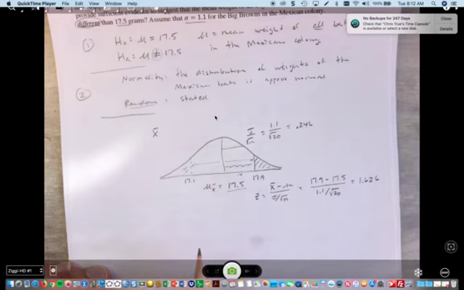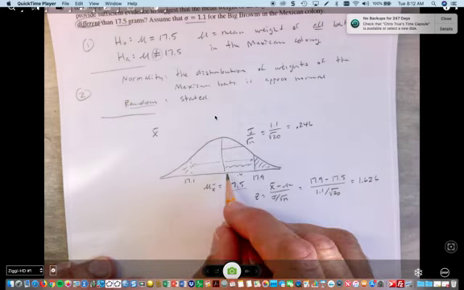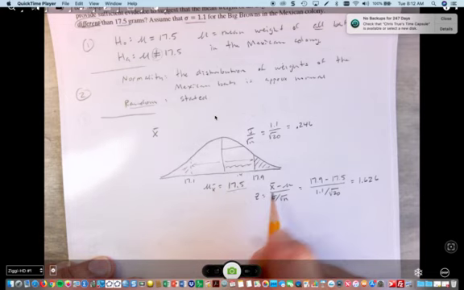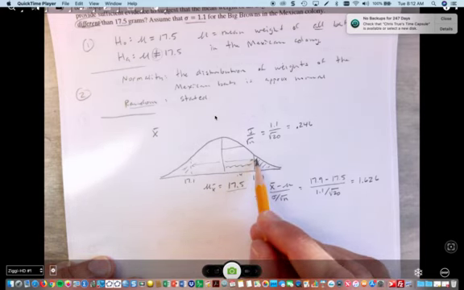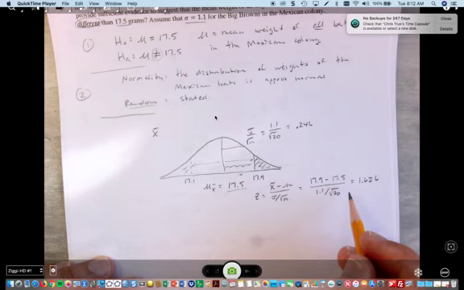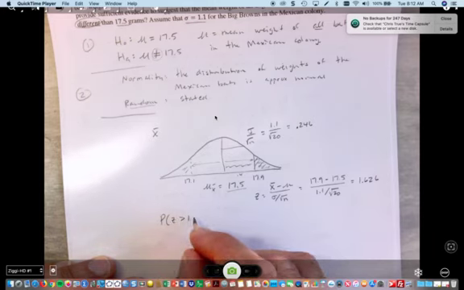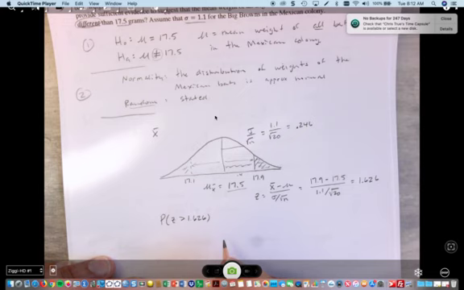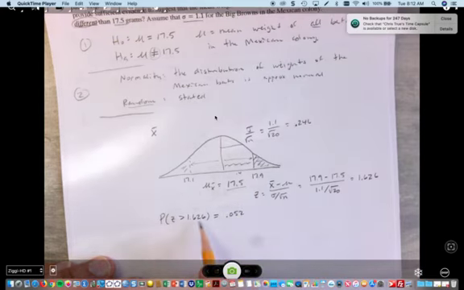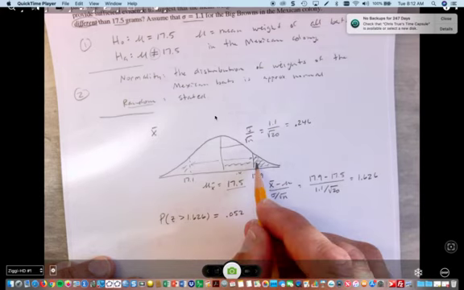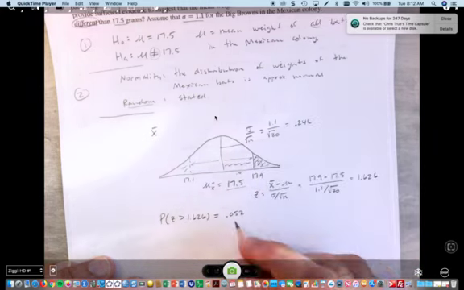All right, so here's what we do. We're going to look at what's the probability. It's not the probability that x is not 17.5. It's the probability that we're going to be at least this far away from the mean. All right, so if I look at the probability of getting a z-score that is bigger than 1.626. Okay, now I calculated this probability ahead of time, and I'm going to tell you that that number was 0.052. All right, so if I want to know what's the probability of being this far above the mean, this probability is 0.052.